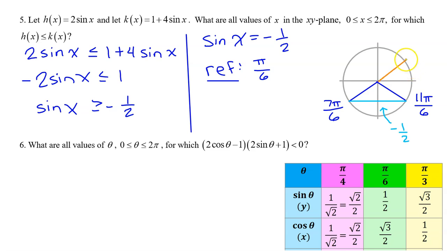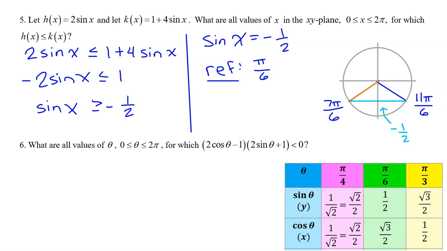As we rotate, notice that this endpoint continues to be above the blue line. The vertical displacement, the y value, is above negative 1/2 the entire time from 0 until 7 pi over 6. At 7 pi over 6, the vertical displacement is exactly negative 1/2. We are touching the blue line. Is this also a solution?